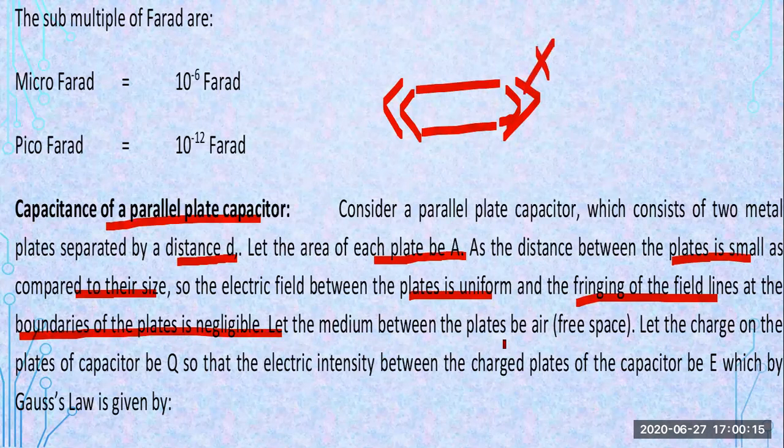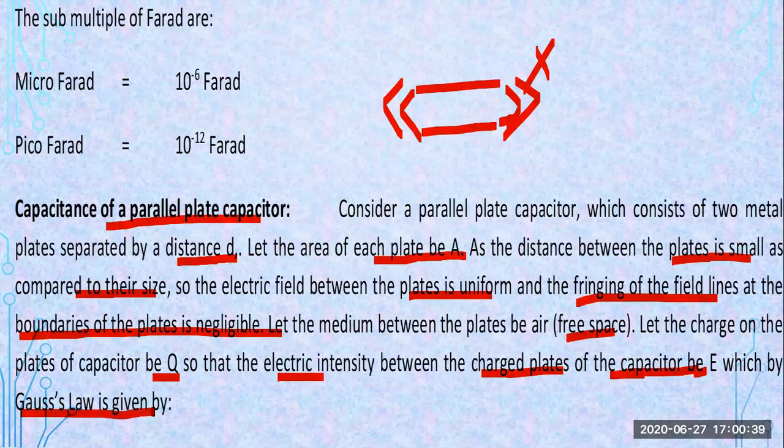Let the medium between the two plates be air, that is, free space. Let the charge on the plate be Q, so that the electric intensity between the charged plates of the capacitor be E, which is given by Gauss's law, which we have already calculated.